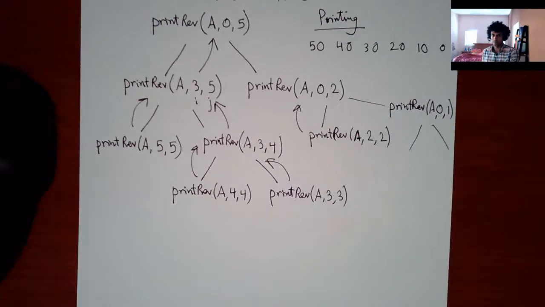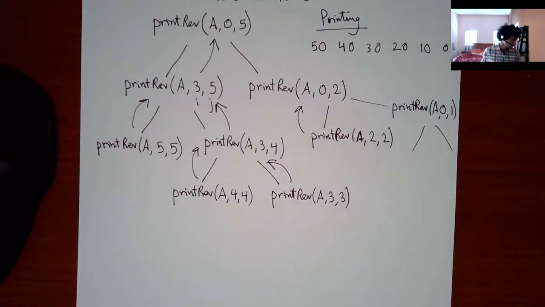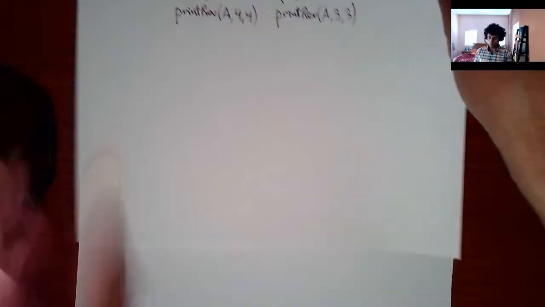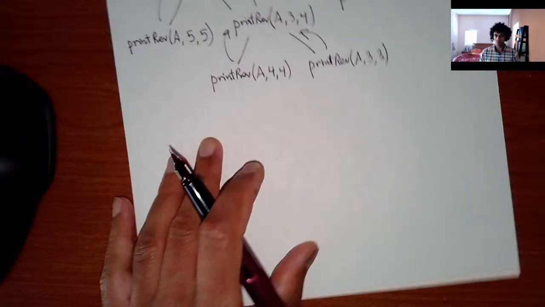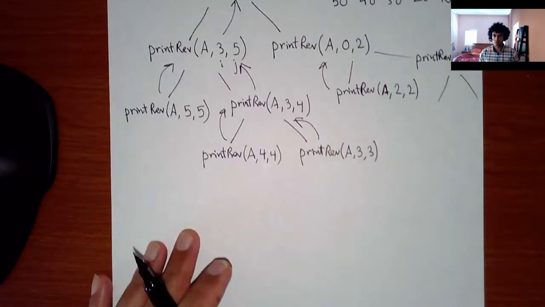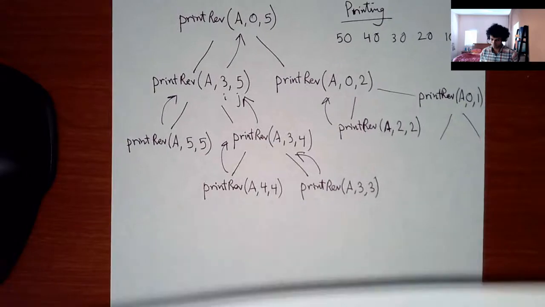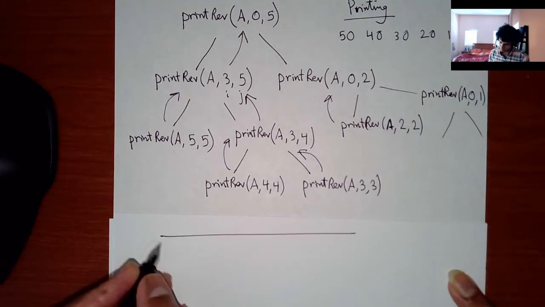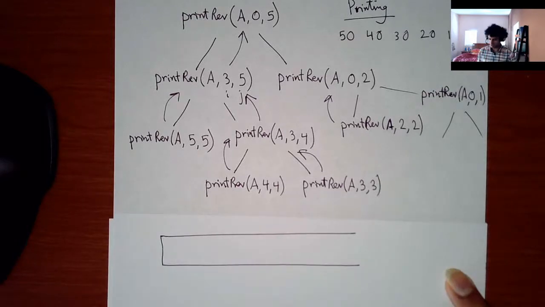So I'm just going to move this, reset things a bit here. So what I'm going to do is maintain a stack here. Think of this as the call stack. And the important thing to maintain is what i and j are.